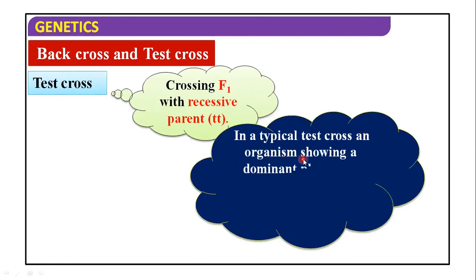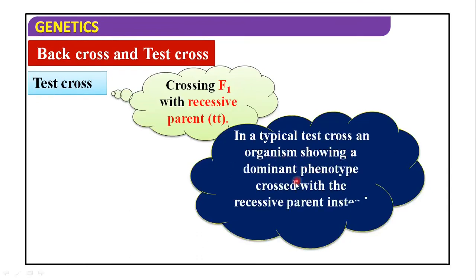In a typical test cross, an organism showing a dominant phenotype is crossed with the recessive parent instead of self-fertilization. Means here crossing is going on instead of self-fertilization.